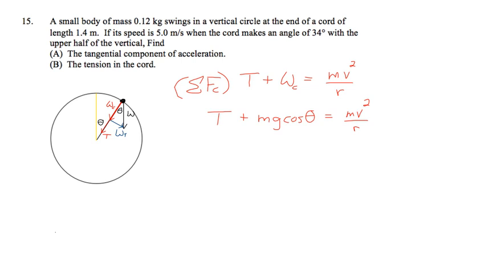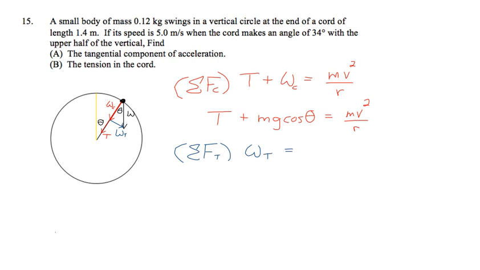Now, if I read the questions that they're asking, the first question is to find the tangential component of acceleration. So in order to find the tangential acceleration, I need the tangential force. So I'm actually going to also sum up my forces that are tangential. When I sum them up, there's only one blue arrow on my picture, so there's only one force that's tangential, and that's the tangential component of the weight.